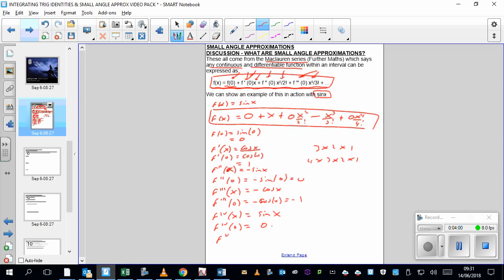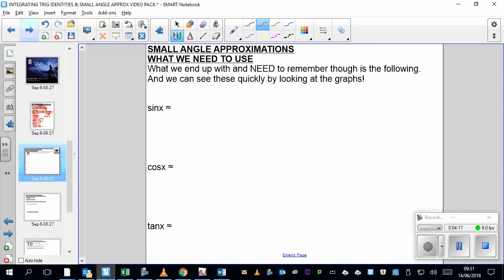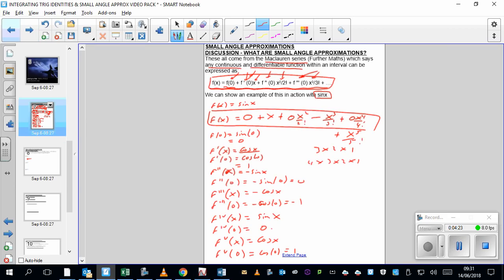And then we've got the fifth differential of x, sine x goes back to cos x, the fifth differential at 0, cos of 0 is 1. So we're back to plus 1 x to the 5 over 5 factorial, okay? So essentially what we're saying is that sin x from the Maclaurin series can be expressed as, where that 0 is, I'm just going to get rid of that.